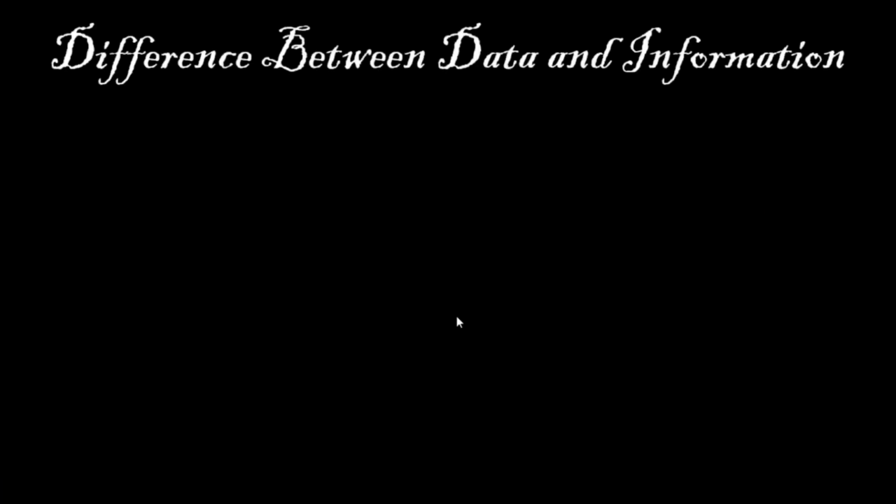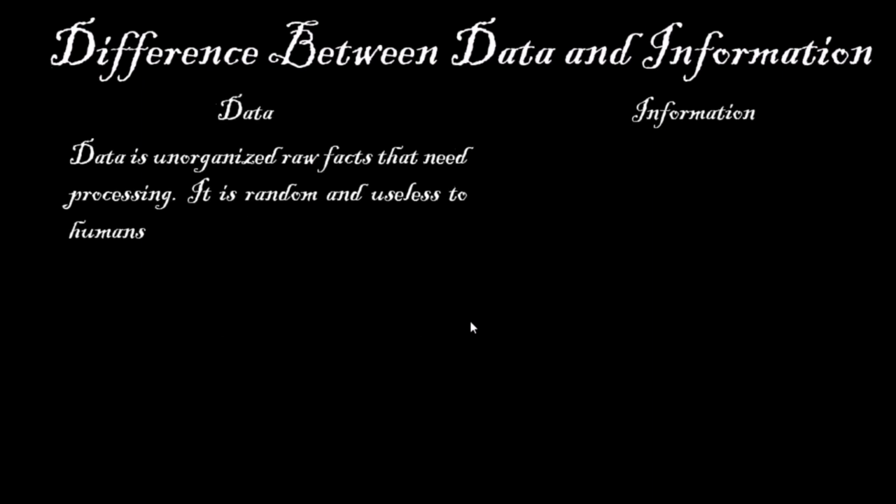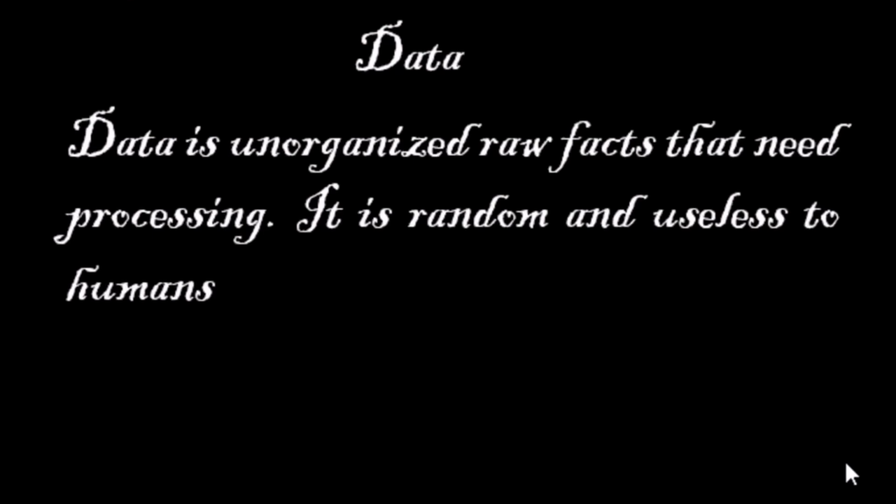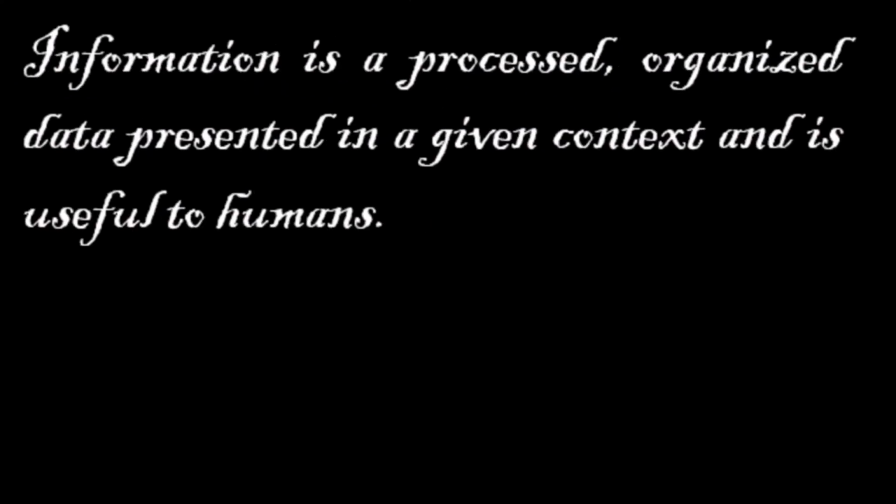Difference between data and information. Data is unorganized raw facts that need processing. It is random and useless to humans. So already we know that data is a raw fact. There is no meaning and no use for us. Whereas information is processed, organized data presented in a given context and is useful to humans.